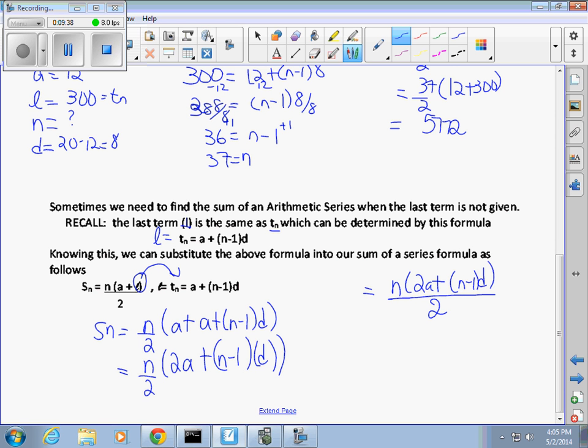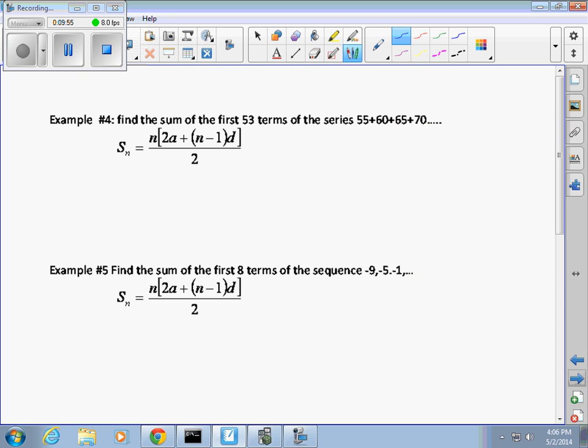Same thing. So when you're not given the last term, but you have your first term, the number of terms, and you can find out the common difference, then you can use this manipulation of your sum formula to find it without having to do the two steps separately.